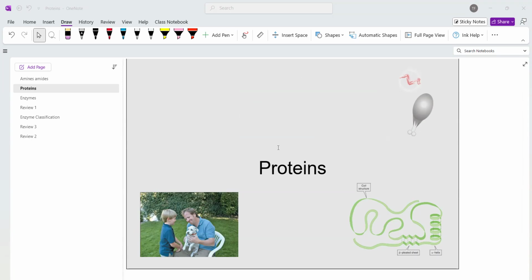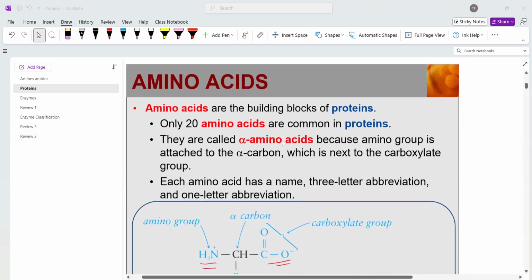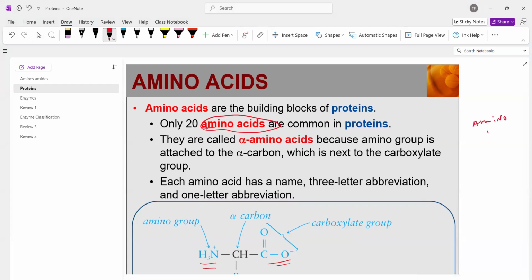biochemical molecules. And what makes them unique are amino acids. There are only 20 amino acids that are used to build those millions of proteins. Now, by definition an amino acid has an amino group plus a carboxylic acid group.